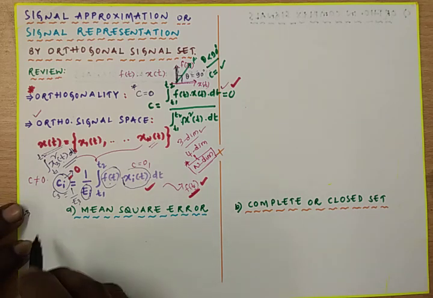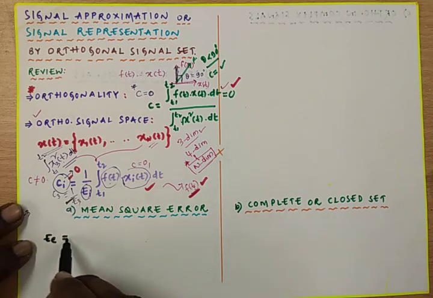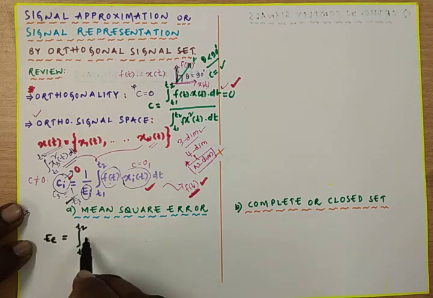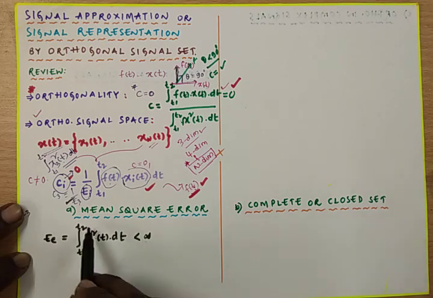Generally, the error signal energy is EE. EE is nothing but integral t1 to t2 of e square of t dt, which is an energy signal. It must be a finite value. But what we are going with is the mean square error.